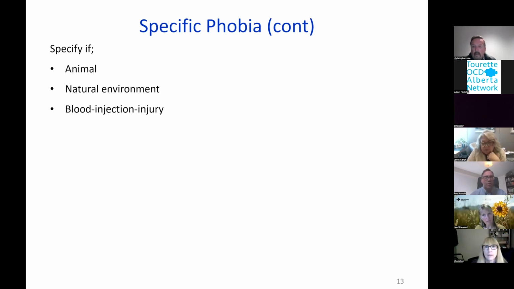It's kind of an unusual fear, but these ones are really common. Animals, particularly animals that we traditionally think of as dangerous, like snakes, or spiders as I gave as an example. Things in the natural environment, blood, injection, injury, and again, these are all things that could potentially cause one harm. So there's probably a reason why our brains are a little wired to be afraid of these things, but with a phobia, it's out of hand. It's out of context and excessive.